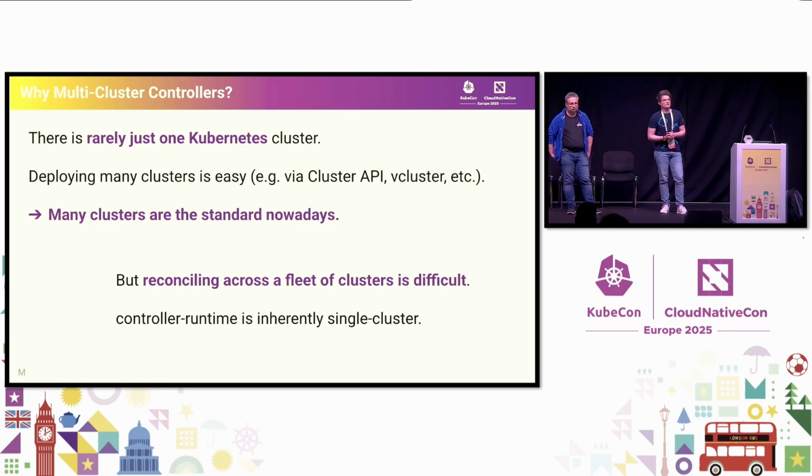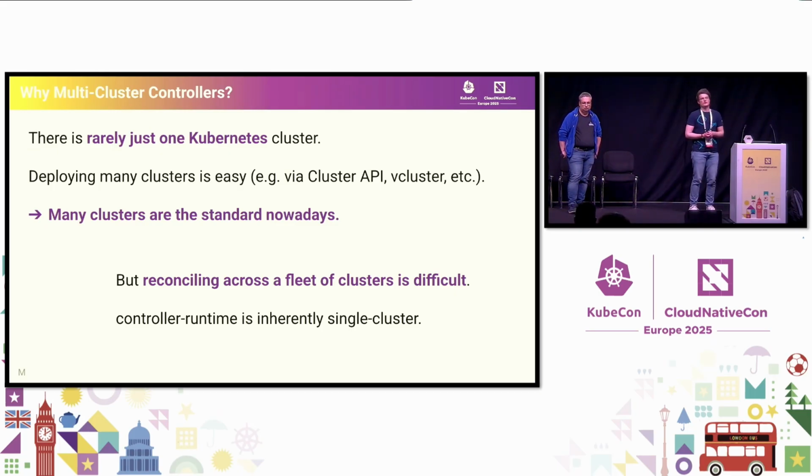And the tooling around that is quite sophisticated these days. You have tools like Cluster API. You have also other solutions like vCluster who give you lightweight Kubernetes API servers, and countless others. So I think it's fair to say multi-cluster, or many clusters, is the standard. But reconciling across that fleet of clusters that you have, it's not trivial.